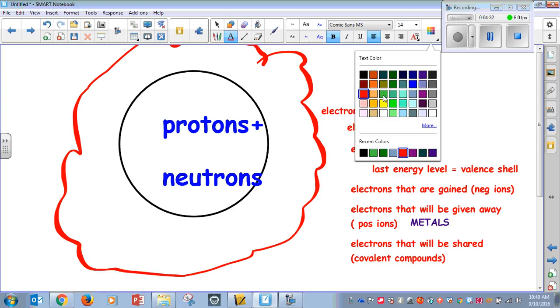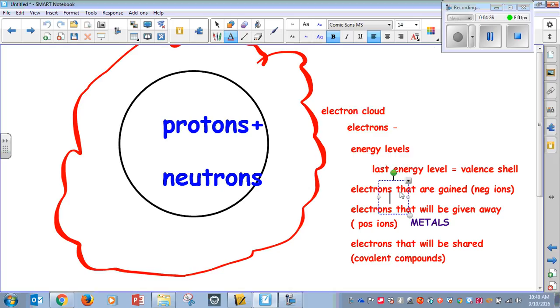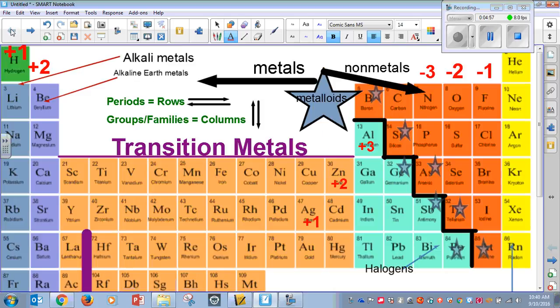Nonmetals will take away electrons, they will gain electrons. Nonmetals gain electrons, and so they form negative ions. So your metals are positive ions because they lose, and nonmetals are negative ions because they gain.